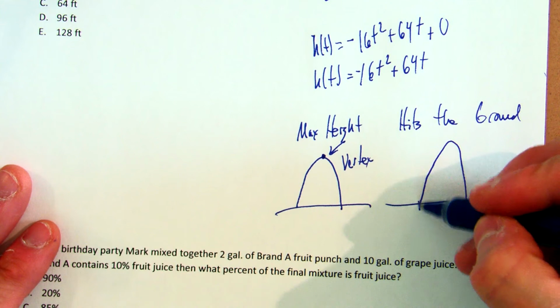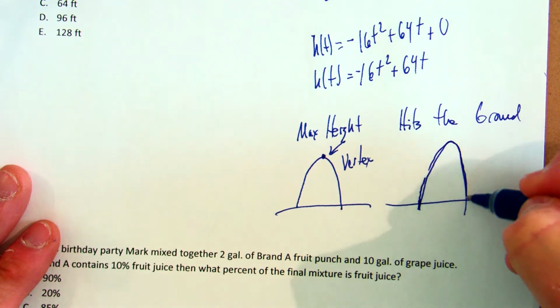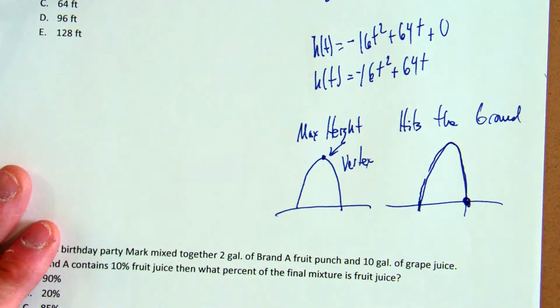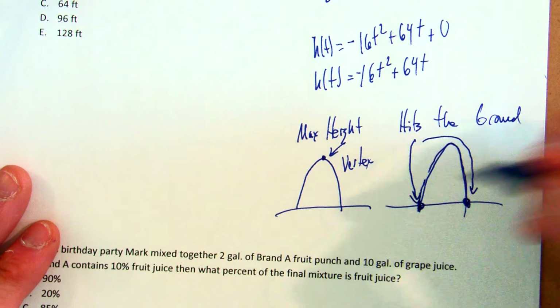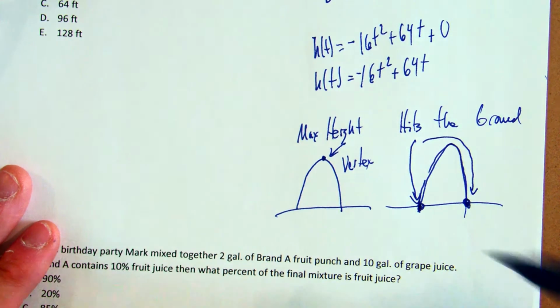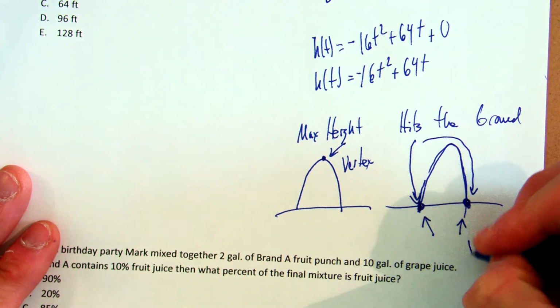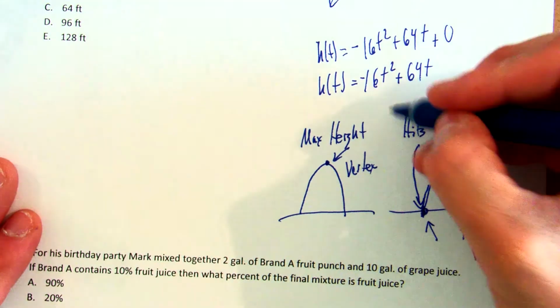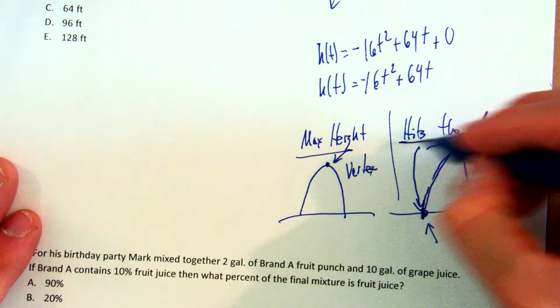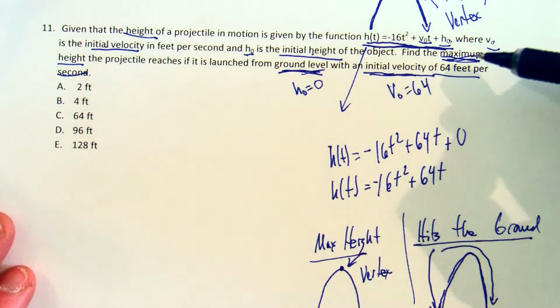If the rocket starts here and shoots up and it hits the ground, it's going to hit the ground here, right? Now it's also on the ground here. So these are the points where it hits the ground, which are called the roots of the parabola, okay? So you have to be prepared for either one. Max height is the vertex. Hits the ground is the roots. Okay? Alright. In this case, I want the max height.